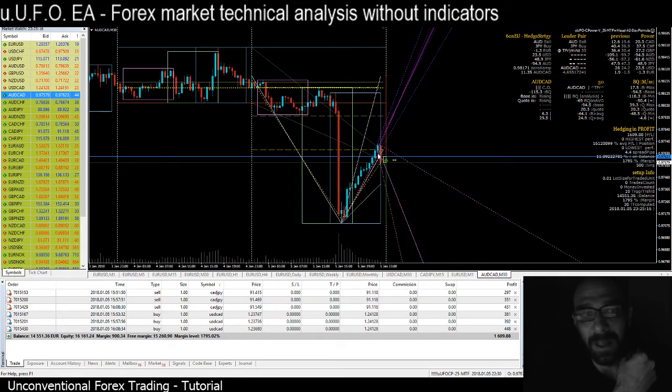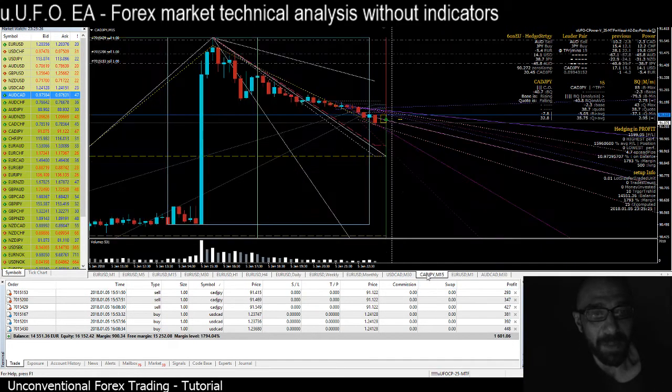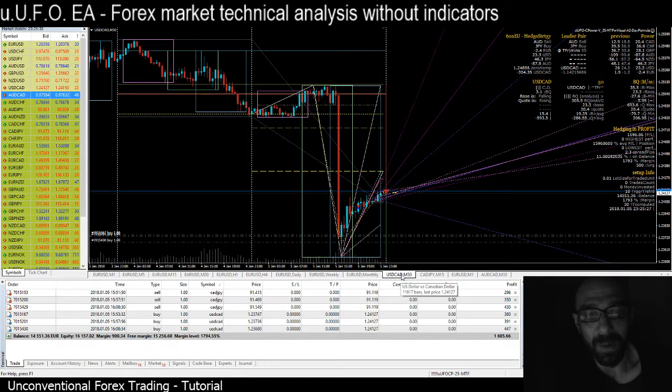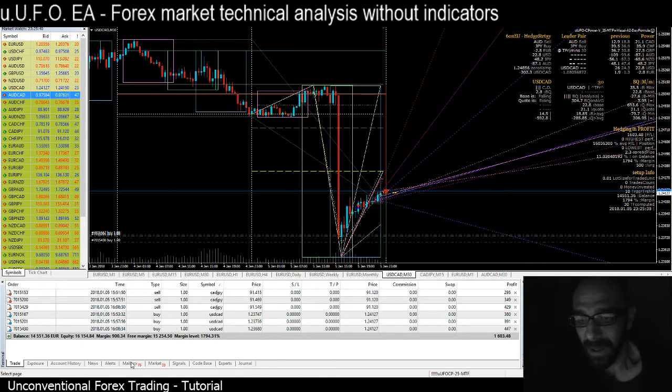So we can think about stopping the trade at this level and then closing the trades for today. I am expecting a bit of extra move for USD CAD and CAD yen, which I am actually trading in for this retracement, and then to close the trades.